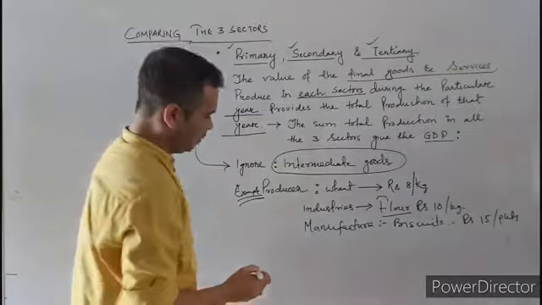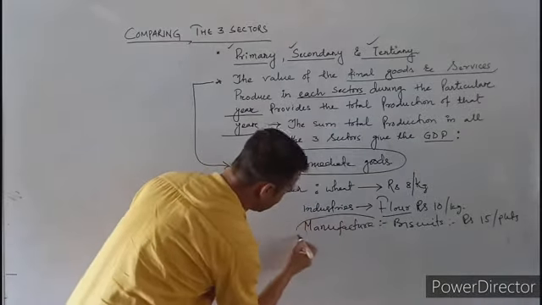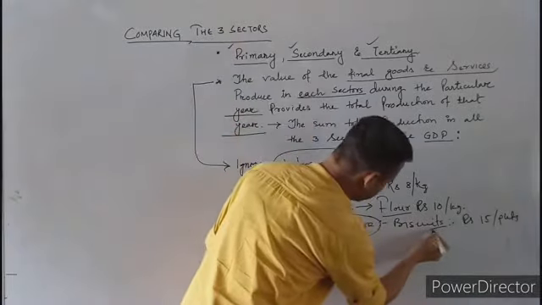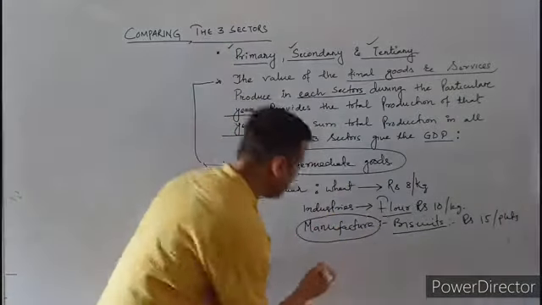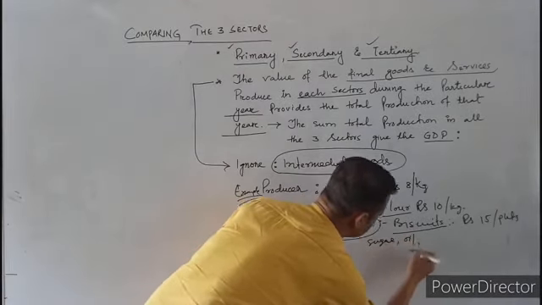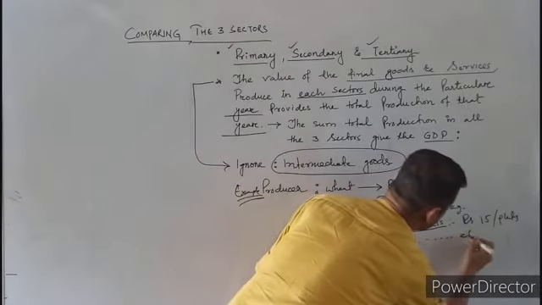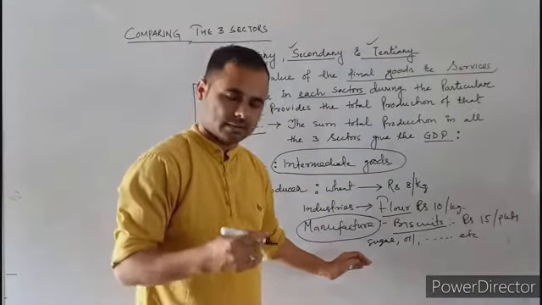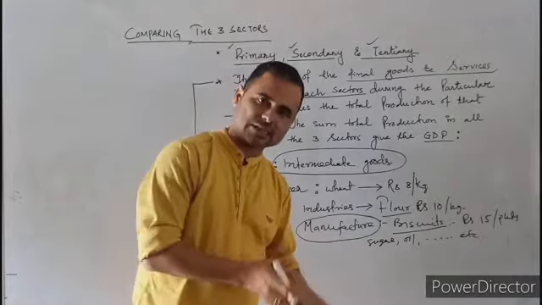Now see, this manufacturer may use various other goods while he is manufacturing the biscuits. Like he may use sugar, he may use oil or other things, whatever is needed. And it may include charges like transportation.